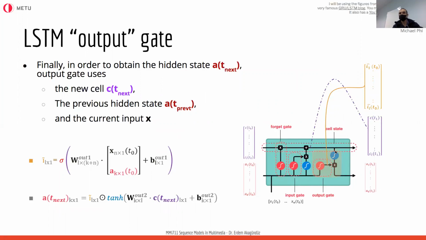So the new cell state creates a new value here, and it's gated with this output gate. So some of it is permitted, and you have the new hidden state. So as you can see, the new hidden state is a construction of the previous hidden state and the next cell state.